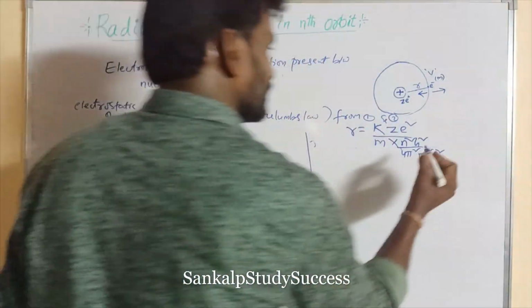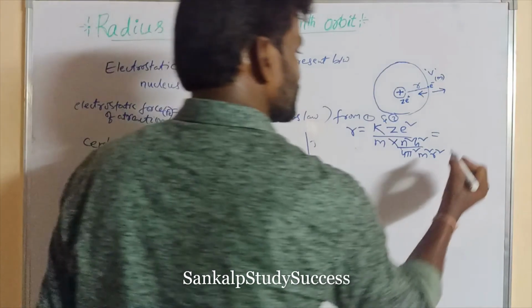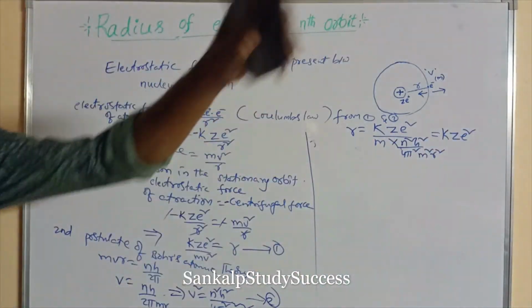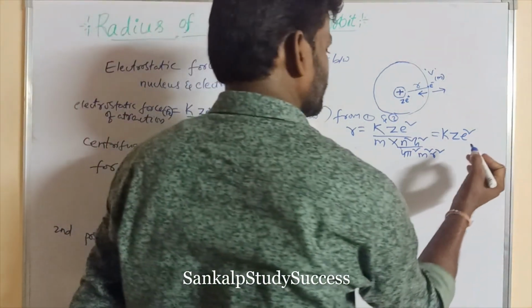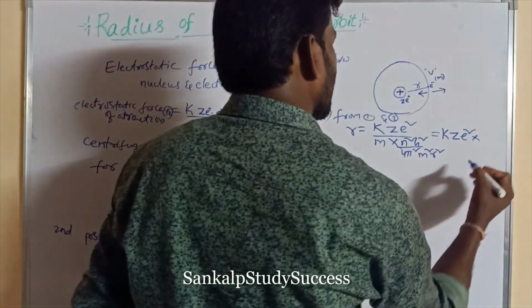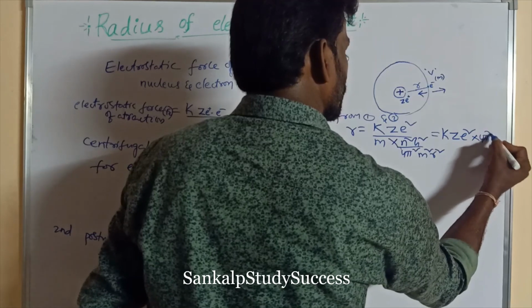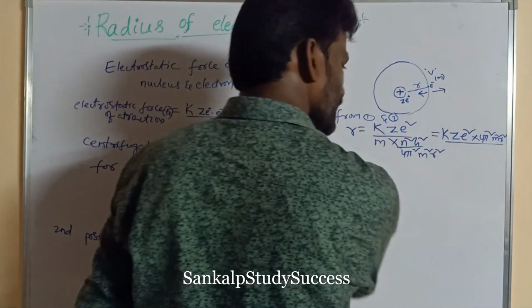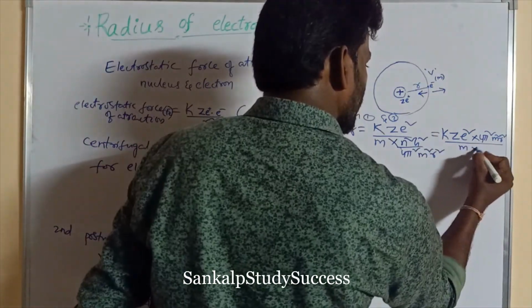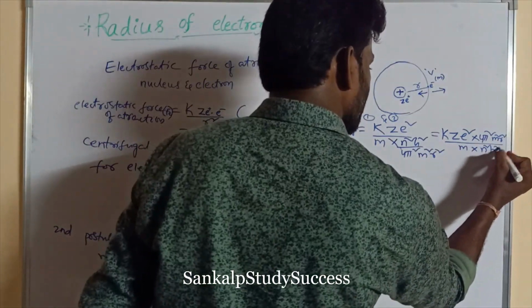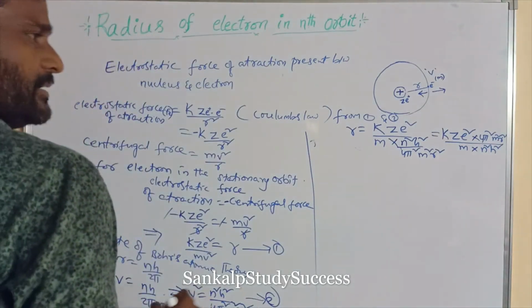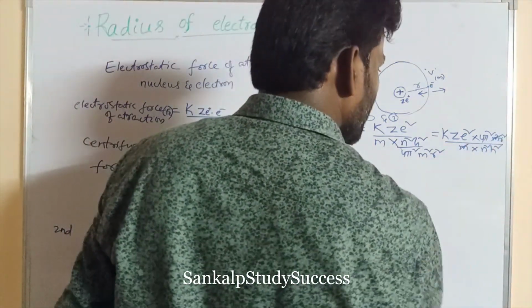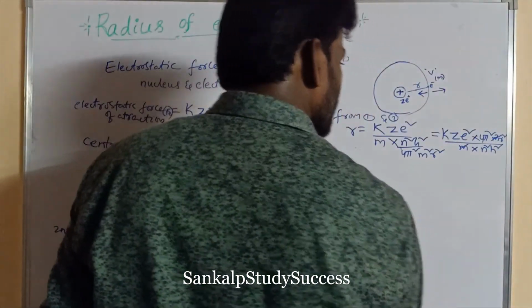Now this can be written as k into ze square into 4 pi square m square r square by m into n square h square. m cancels, and what is remaining?